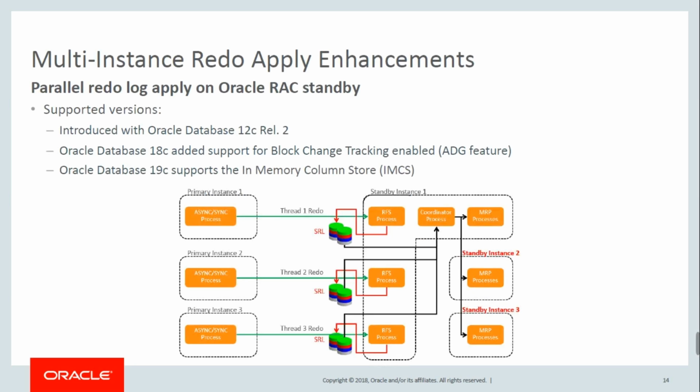Oracle Database 18c added support for block change tracking (BCT) enabled on ADG feature, and Oracle Database 19c supports the in-memory column store (IMCS). The pictorial diagram clearly explains the primary instance and standby instance with ADG configured, single instance redo apply.